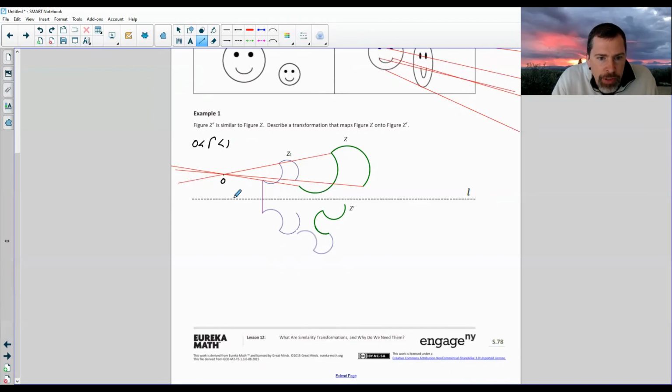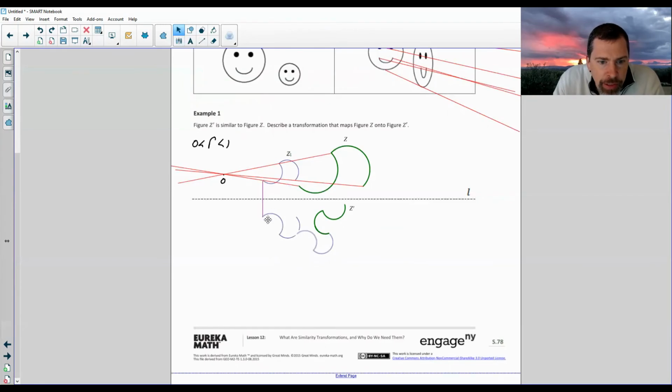This should equal this. All I'm trying to explain here is that this was reflected across L. It should be down farther like that. When I take this and drive it down there, this distance should be the same as that distance, and this distance to here is the same. What I'm saying is this is a reflection.